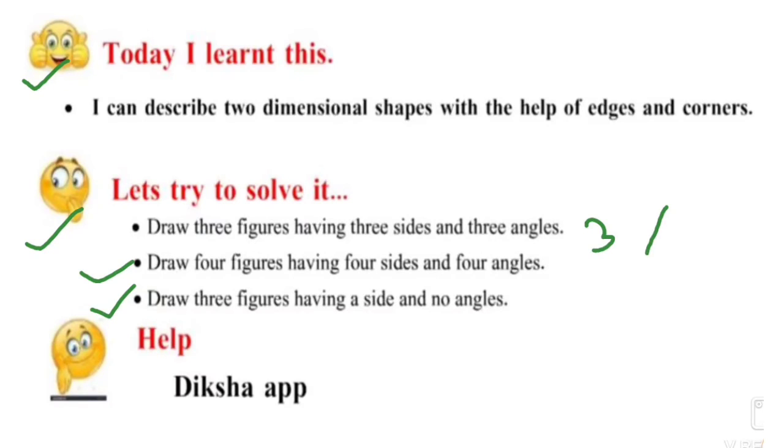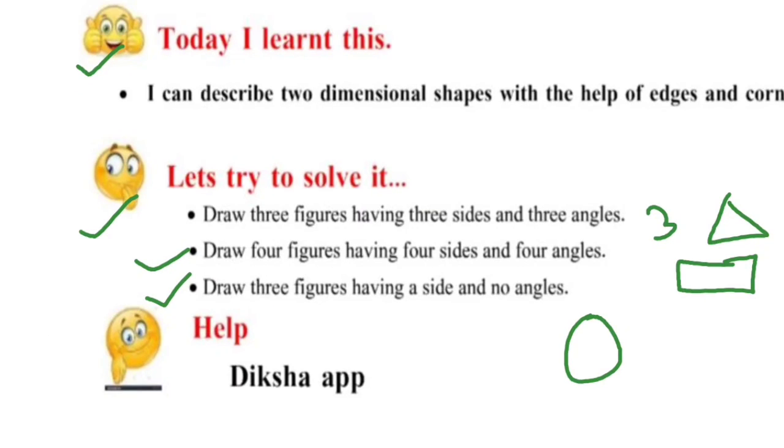Draw 4 figures having 4 sides and 4 angles. It means draw squares or rectangles. And draw 3 figures having a side and no angles. It means you have to draw circles here. Understood? So dear students, I hope you understood the concept of edges and corners of different figures.